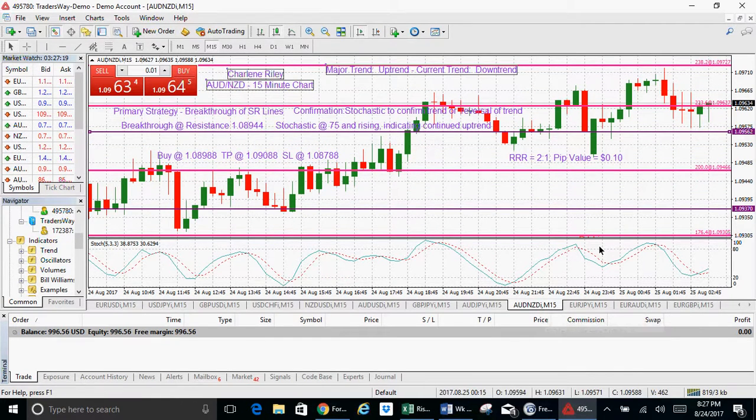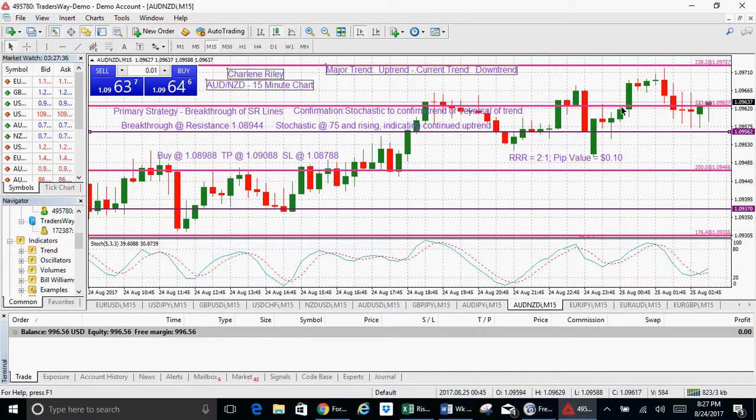Now on the Australian, New Zealand, it looks like the market wants to reverse, but I don't have confirmation of the reversal back to an uptrend.